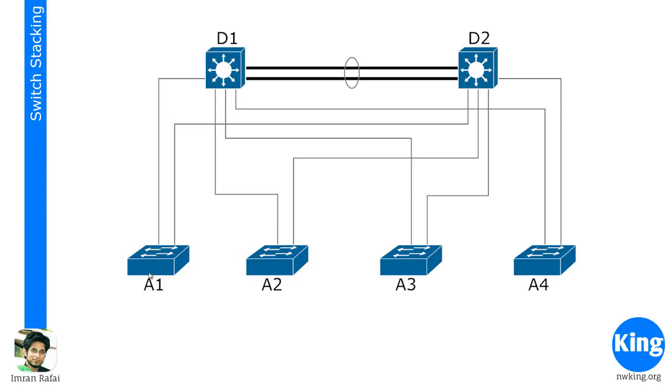The advantage of having one switch with 100 ports is that you just have to manage only one switch. You don't have to manage 10 different switches or 5 different switches. But the disadvantage is that there's only one single point of failure: if anything fails on that switch, the whole network goes down.